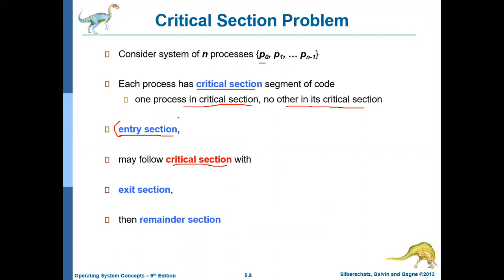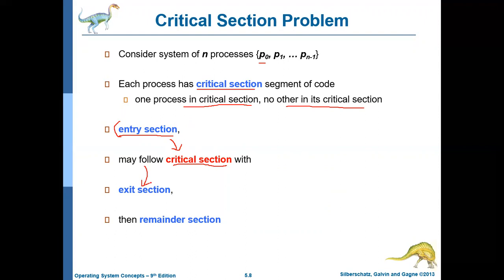If some other process is in the critical section, this process will not enter; it will keep waiting until that process comes out of the critical section. If no other process is in the critical section, it will enter and perform the task specified in the critical section. Then it will come to the exit section.